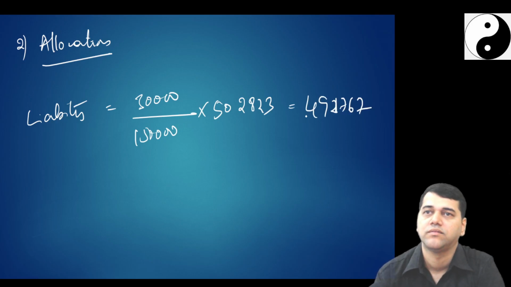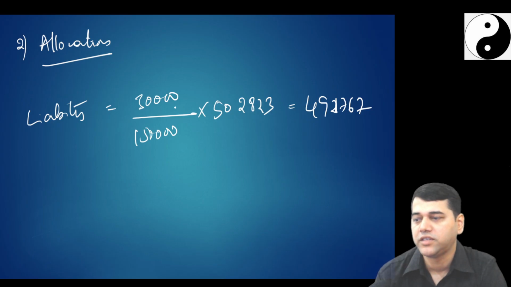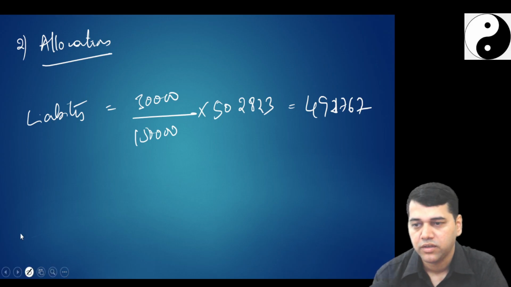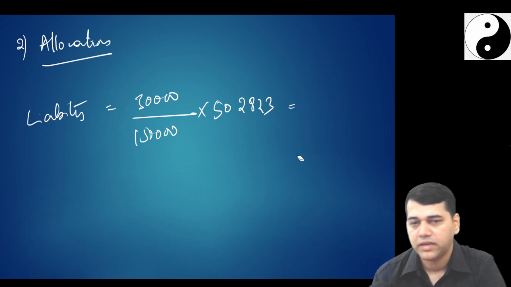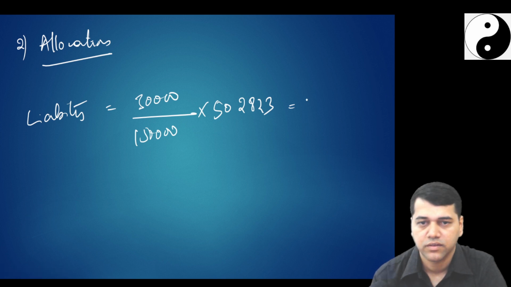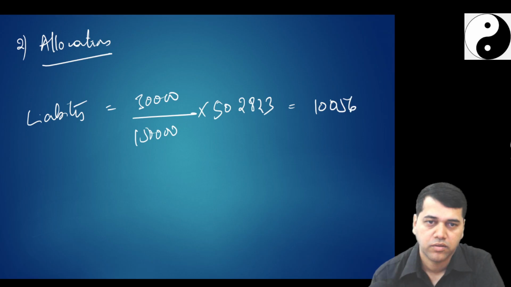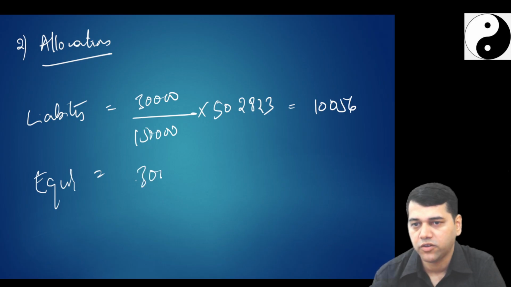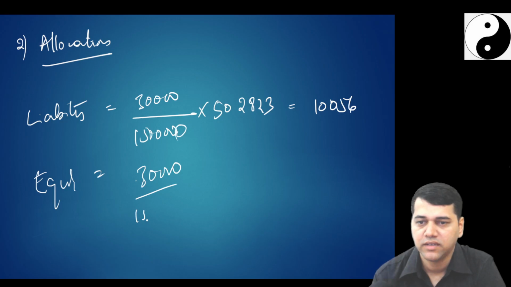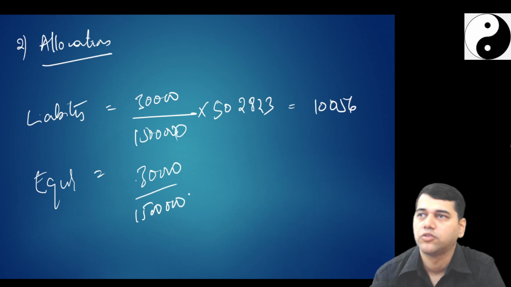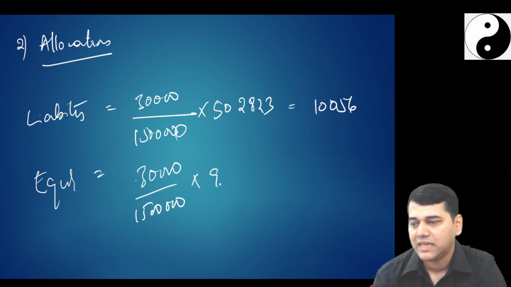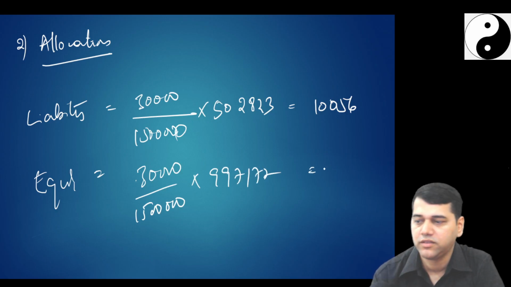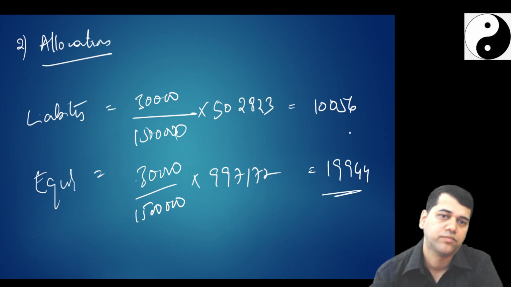Okay, sorry. This will be 10,056. And equity component will be 30,000 divided by 15 lakh, total instrument value, into 9,97,177. This gives you 19,944.